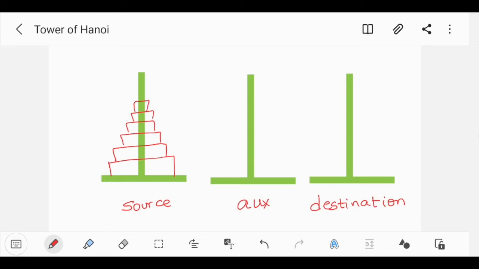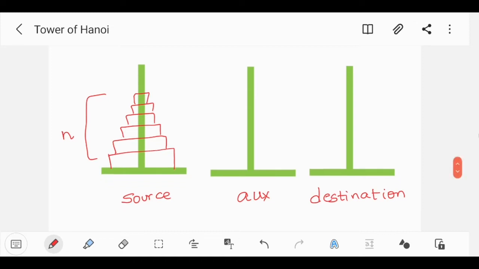I have no clue how many disks are given, so let me say these are the n disks. In our case, the value of n is 1, 2, 3, 4, 5, 6. So let's try solving the problem recursively. How do I get all these 6 disks, or n disks, from the source to the destination?